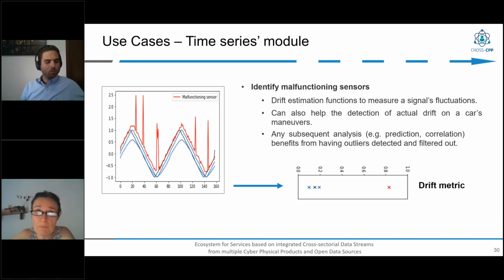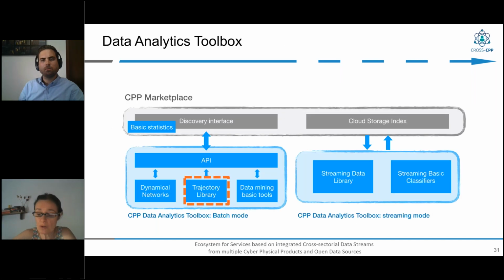And then once they have made a data request to get all the signals for certain vehicles, the following thing they will do is analyze this data to get rid of all the signals that are wrong ones. And then once you know which are the wrong ones, you can perform any other analytics, for example, to predict, but based only on the ones that are proper signals, not the ones that were, for example, malfunctioning sensors.